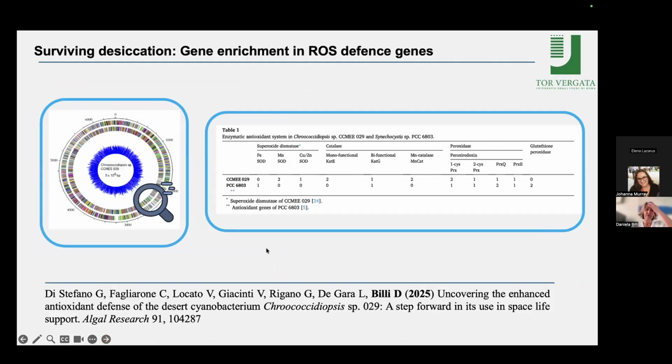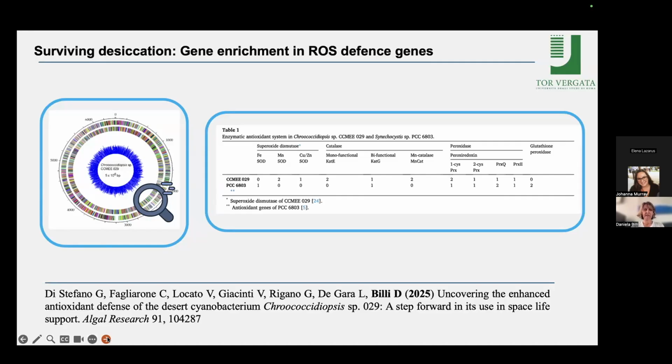And indeed, when we looked at the genome of one strain of Chroococcidiopsis and made a comparison with Synechocystis, we found that there is a real enrichment of genes encoding superoxide dismutase, catalase, and peroxidase. So desiccation tolerant cyanobacteria have a great repertoire of genes involved in oxidative stress defense.